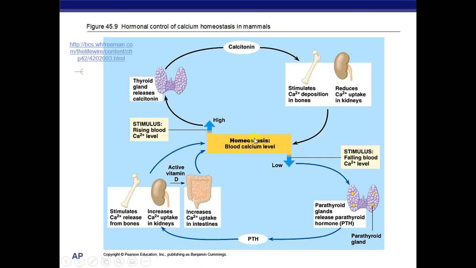So, for example, if your body needs to respond to an increase in blood calcium level, this increase might stimulate the thyroid gland to release a primary messenger, a signaling molecule called calcitonin, which is then received in the bones and in the kidneys, and its message is passed through that signal transduction pathway to get the bones to gain more calcium, and the kidneys to reduce the uptake of calcium in the urine to help lower the blood calcium level.